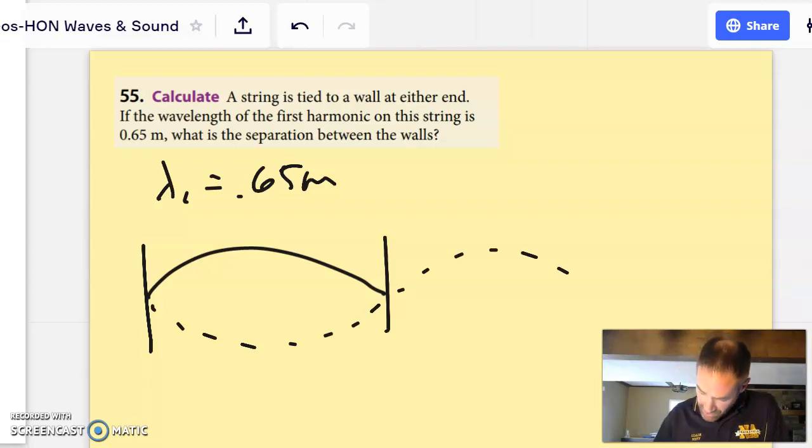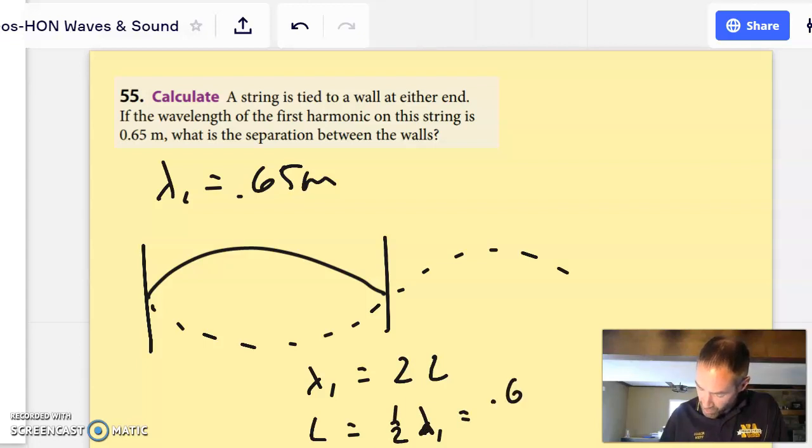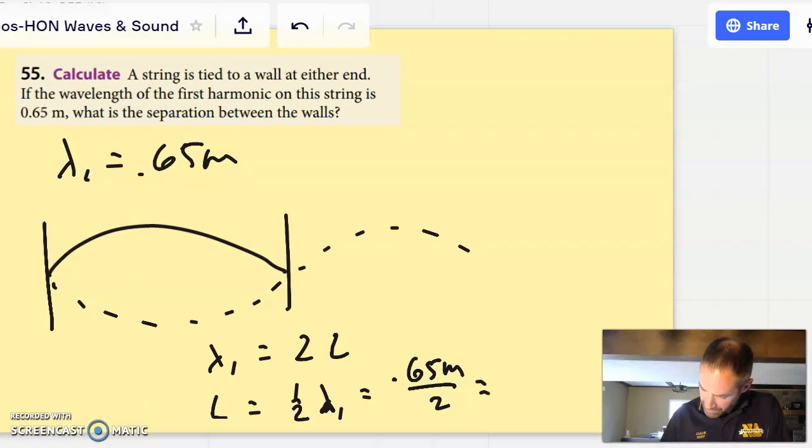And so you can see that the fundamental wavelength is 2 times the distance between the walls, or 2 times the length of the string. And so the length of the string, or the distance between the walls, is half of the fundamental wavelength. And so that's just going to be my 0.65 meters over 2, and that's looking like 0.325 or 0.33 meters.